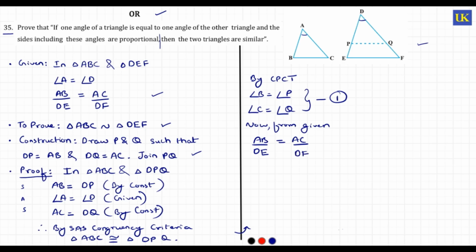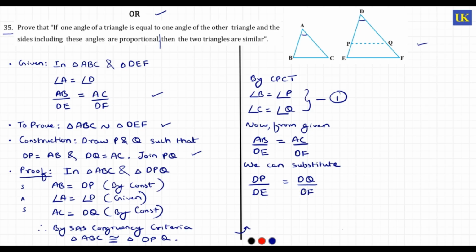Now we can substitute a few things here. What we can do is instead of AB, I can write DP upon DE, and instead of AC, I can write DQ upon DF.